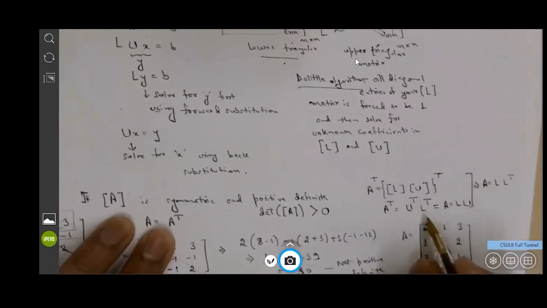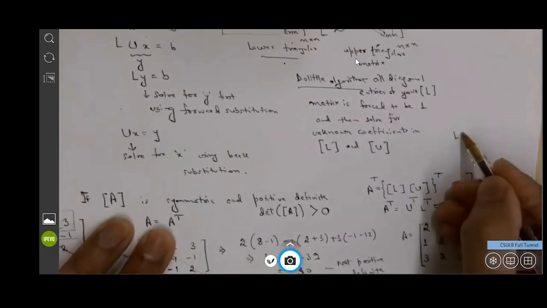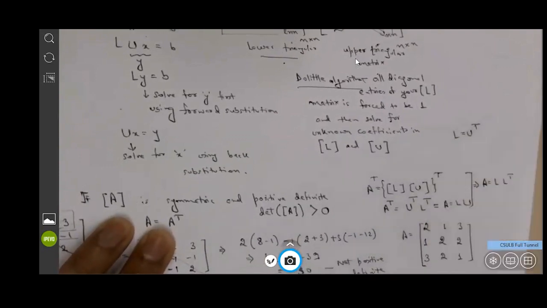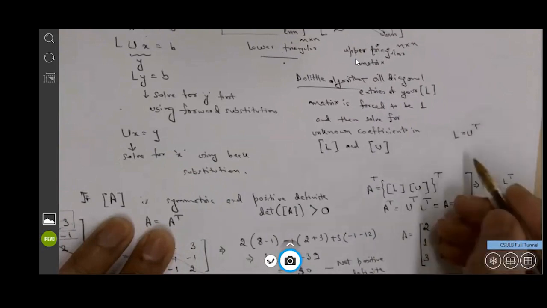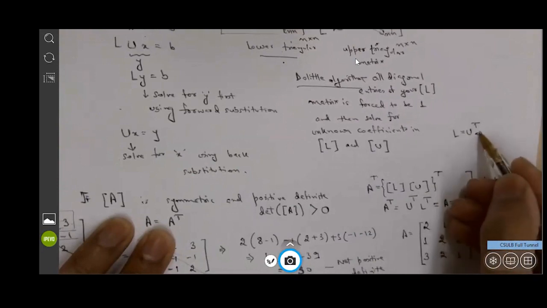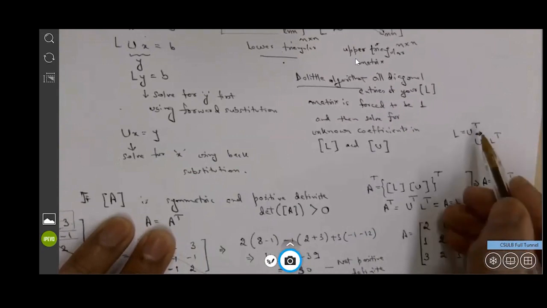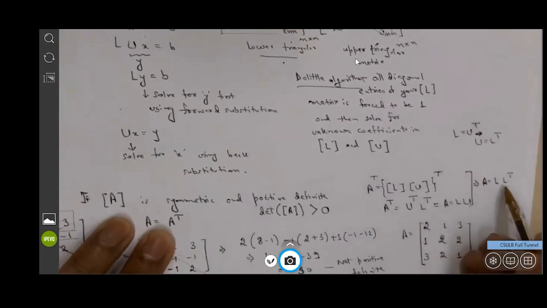You will see that L is equal to U transpose, which also means that the U matrix is L transpose. So A equals L times U basically means L times L transpose.